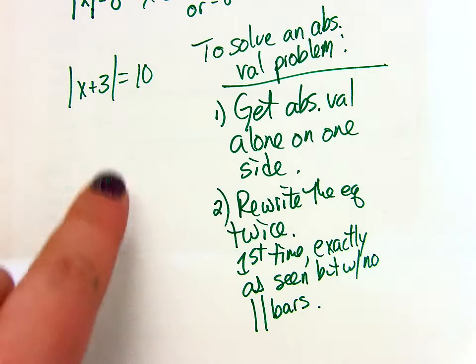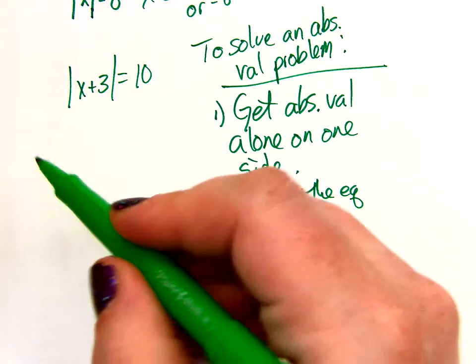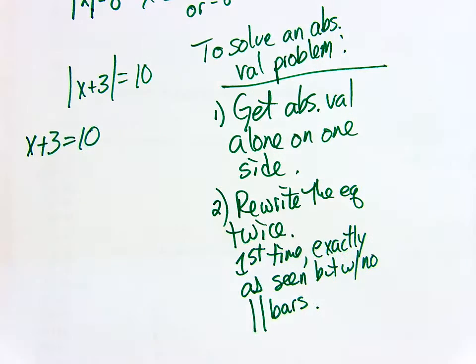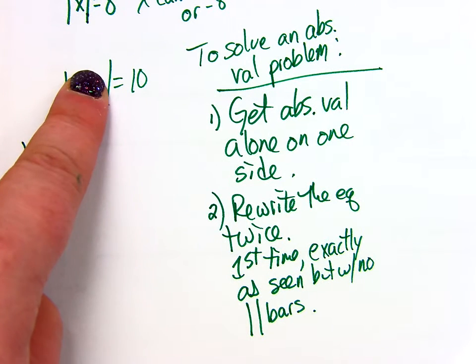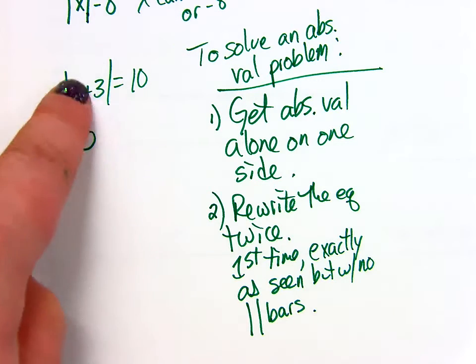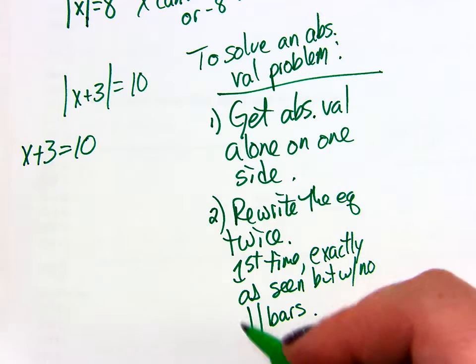So when I go to solve the absolute value of x plus 3 equals 10, the only way to solve it is to write two equations. One of them is just going to be x plus 3 equals 10. I just write the equation, but no absolute value bars. Because remember, whatever is in here can equal +10, so there's that equation, or whatever is in here can equal -10. So that's my second equation.